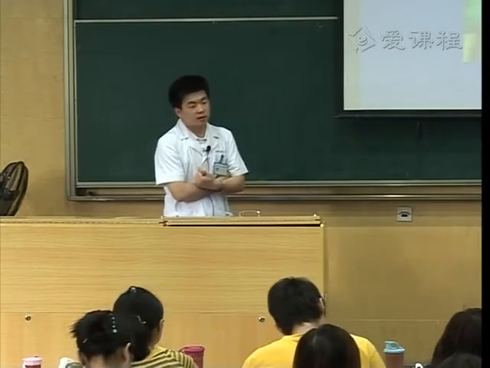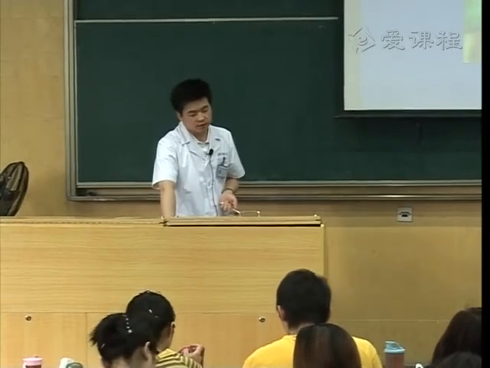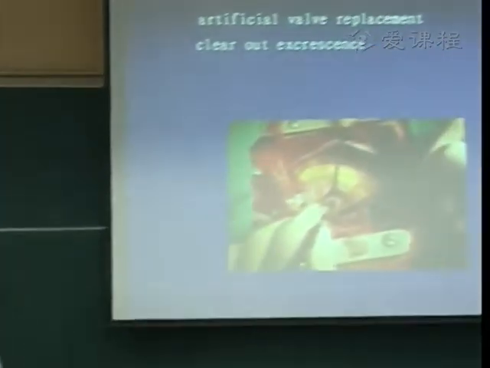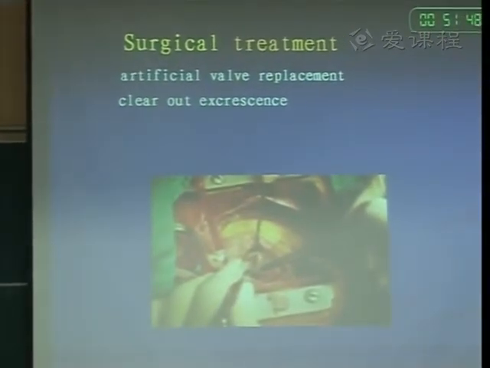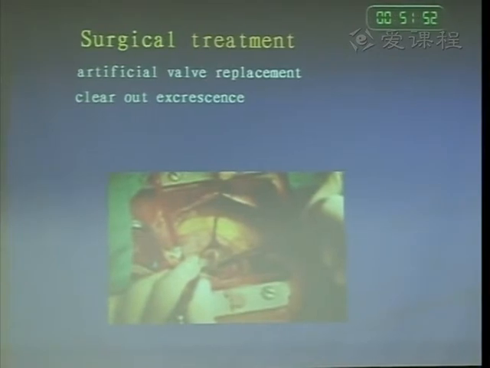But there is another way we can treat the patient, like surgical treatment. We can do artificial valve replacement. If the leaflet is damaged by the microorganism, the result shows incompetence of the valves or valve stenosis.